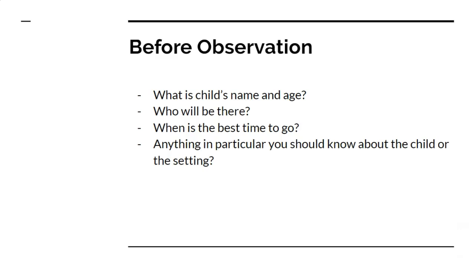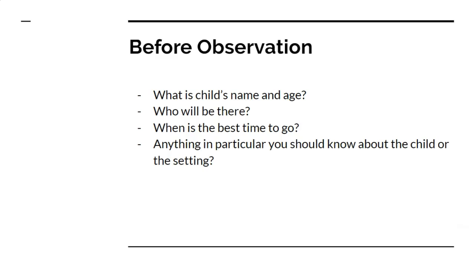Because if you recall, you are just observing, you're not interacting. So you want to make sure that there is a caregiver present when you go and do your observation. It's great if you could do your observation in a social type of environment so that you can see some interactions, particularly if you choose to write about social emotional development.